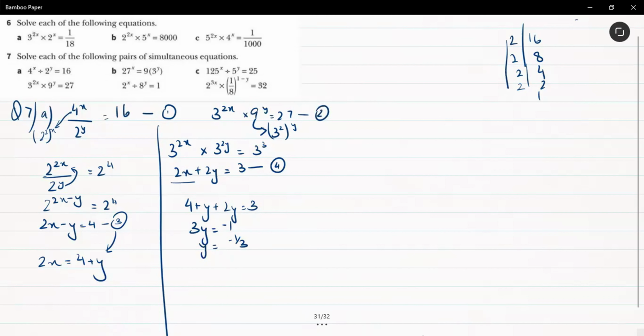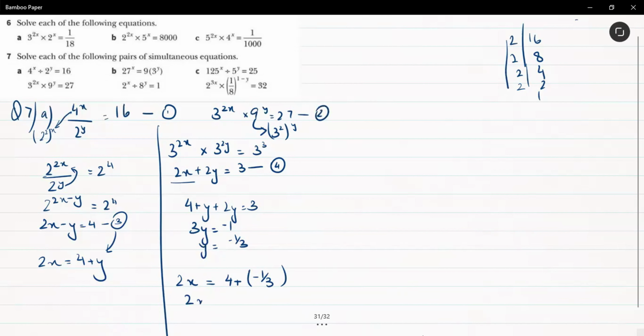Is it negative 1 over 3 or positive 1 over 3? I guess it's negative 1 over 3. Check. Yeah. So now we find the value of x. Again, put equation 3 here: 2x is equal to 4 plus negative 1 over 3. Just input this value into the calculator: 4 minus 1 over 3. We get 11 over 3.